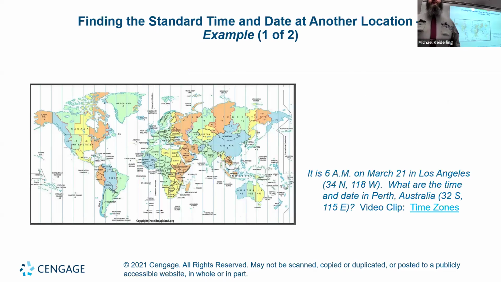So here, there's an example of finding the standard time and date in another location. If it's 6 a.m. on March 21st in Los Angeles, in -8 over here, what is the time and date in Perth, Australia, in +8 over here?